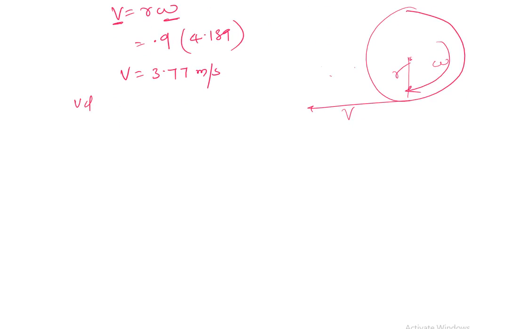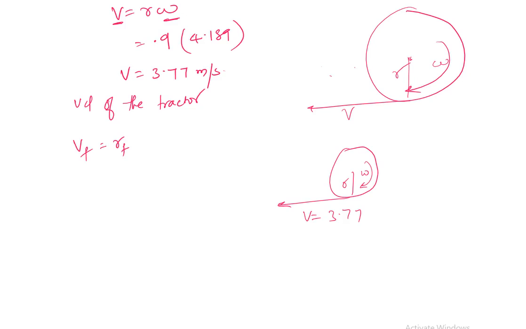Let me write it down. Velocity of the tractor. Now we will take this and apply it to the front wheels, the smaller wheels. Here we know V equals 3.77. We know R, so we can find the omega, right? Same formula, V front equals R front omega front.